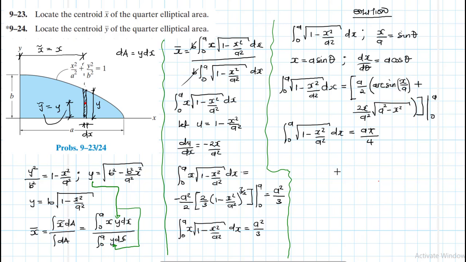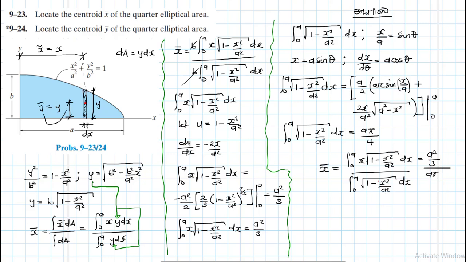Therefore our x bar is going to be equal to the integral from 0 to a of x times the square root of 1 minus x squared divided by a squared dx, which is a squared divided by 3, then everything divided by the integral from 0 to a of the square root of 1 minus x squared divided by a squared dx.